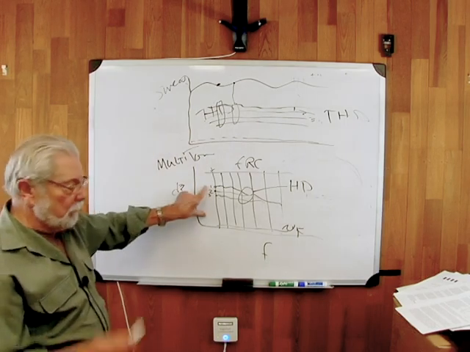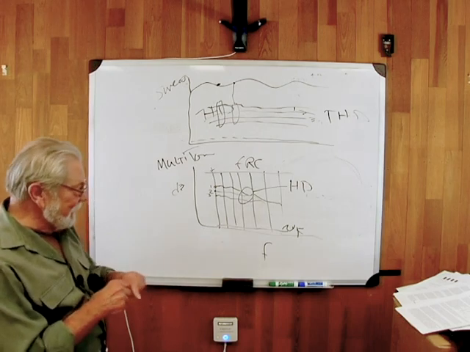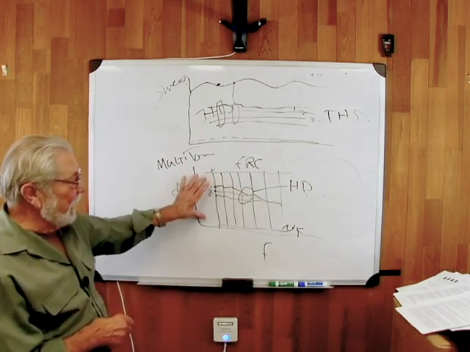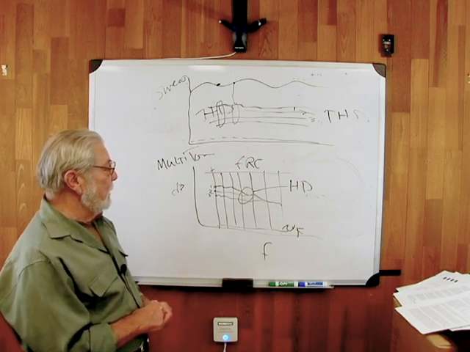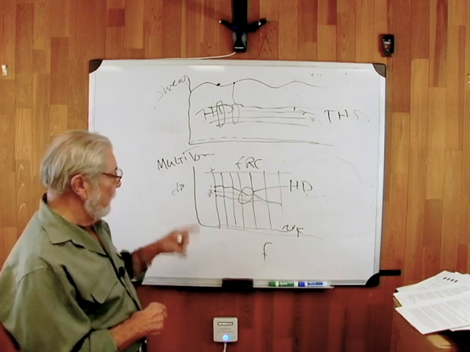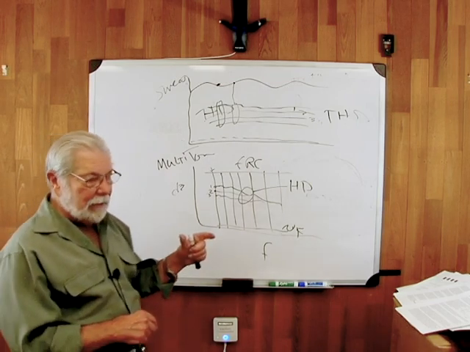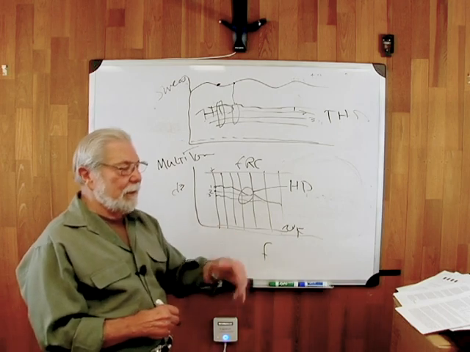I don't know if it's important or not, but this is a faster test than that. Okay. So those are two tests that are used on the electronic side of the front of the speaker.